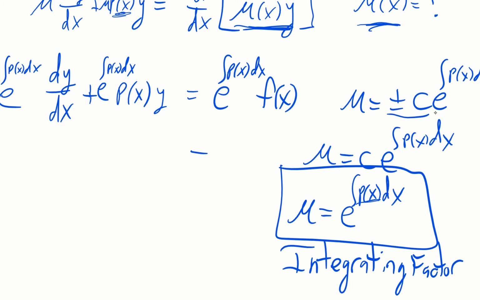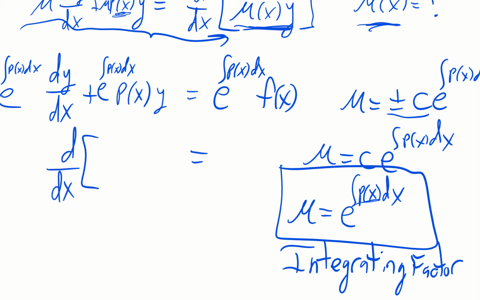And now the beauty of this, from what we saw up above, is that the left-hand side becomes an exact derivative. That is simply going to be the derivative, d/dx, of e to the integral of p of x dx times y.